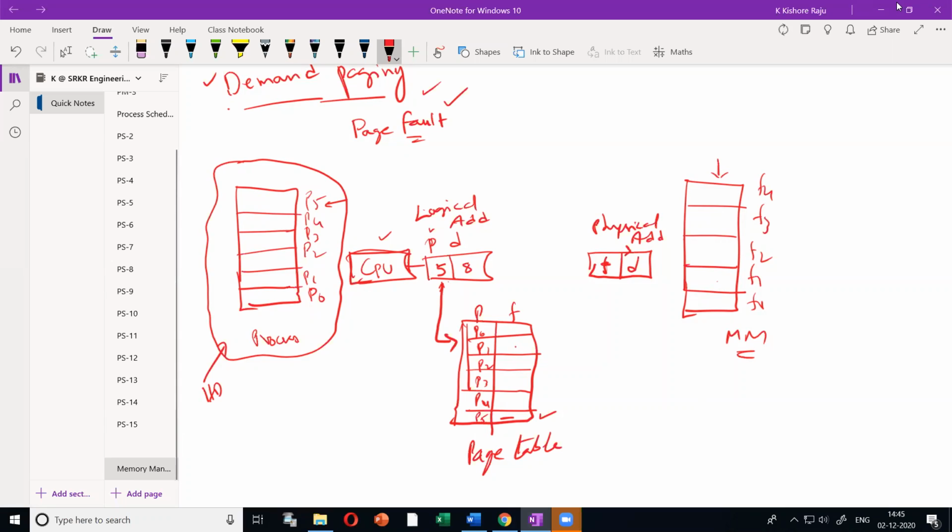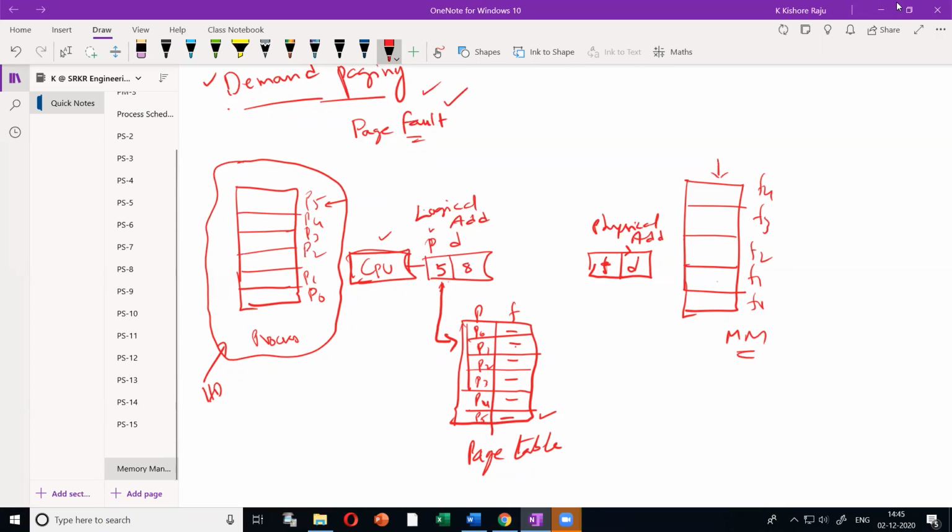Here the page numbers are there. All the frame numbers are empty initially, because P0 is not loaded, P1 is not loaded, P2 is not loaded, and P5 is not loaded. That's the reason I'm keeping a dash here.